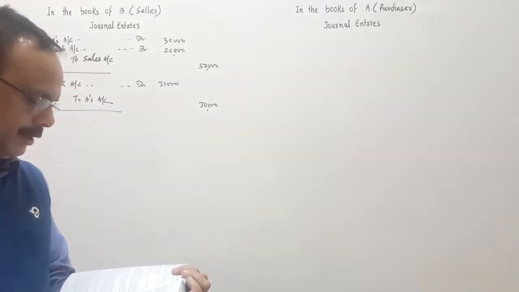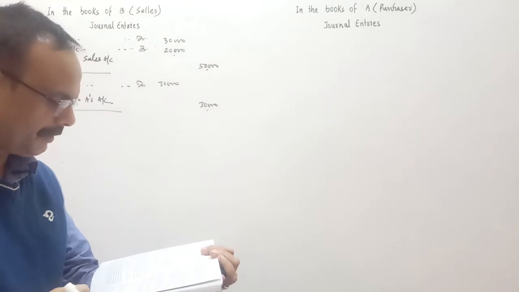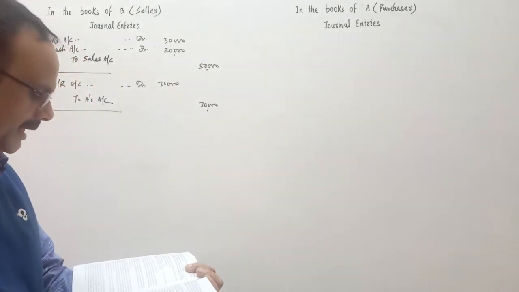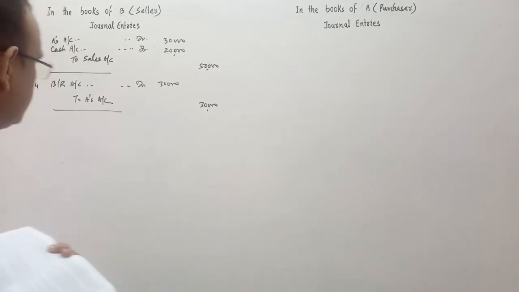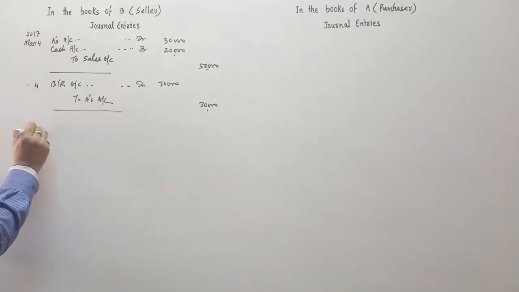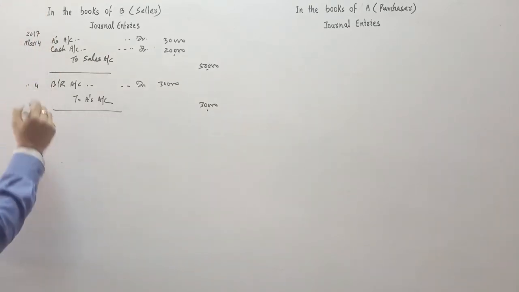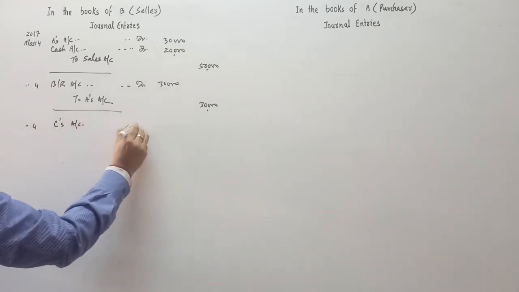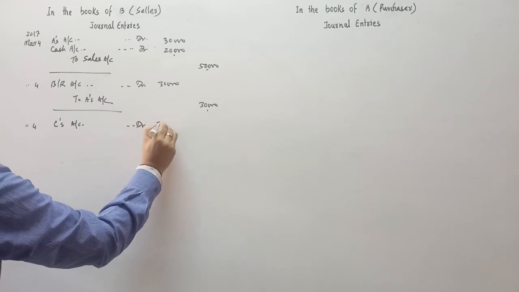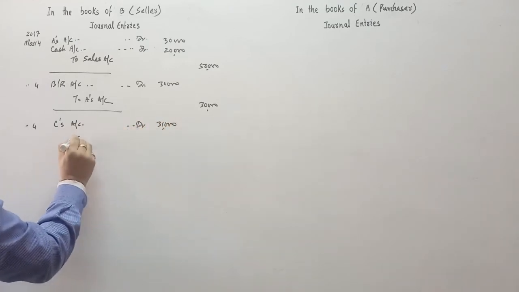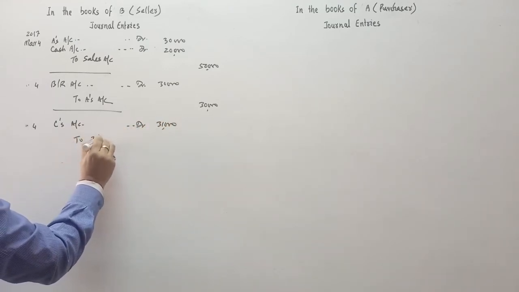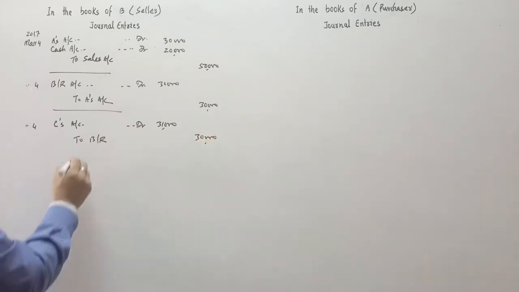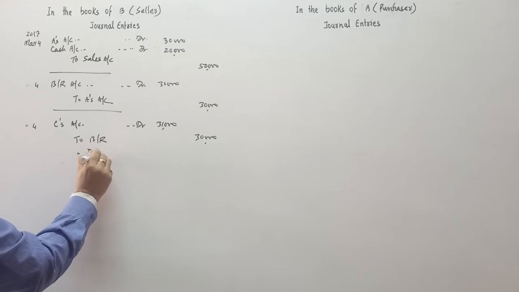B immediately endorsed the promissory note in favor of his creditor C for the full settlement of a debt of rupees 31,000. So B endorsed this promissory note to C. C's account debit 31,000 to bills receivable 30,000. In full settlement, it means discount received.